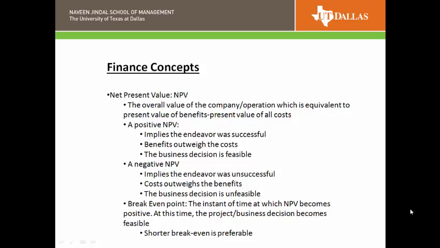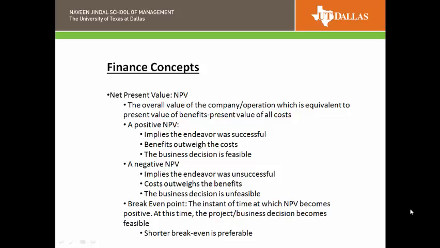Net present value. This is equivalent to the difference of the present value of benefits and the present value of all costs. Net present value plays an important role in determining whether a business decision is feasible or not.